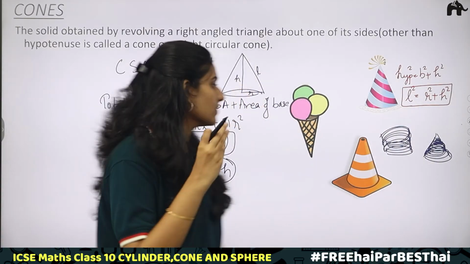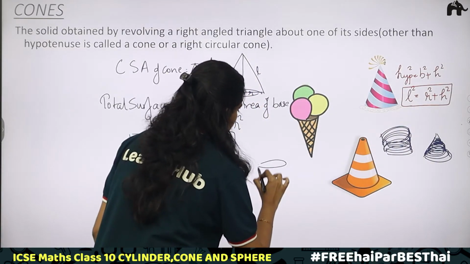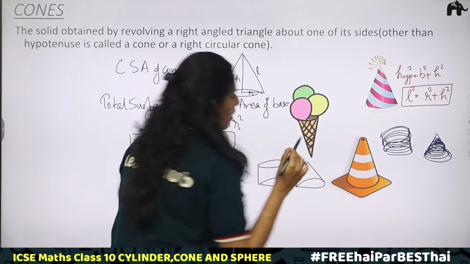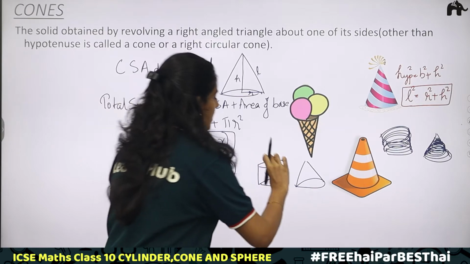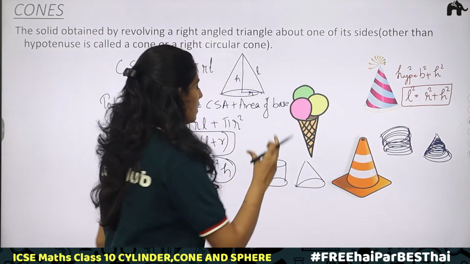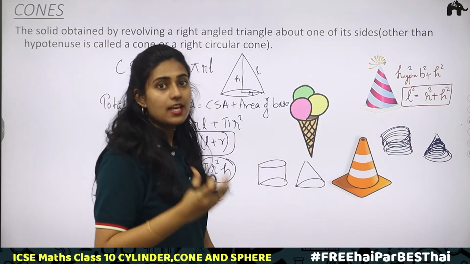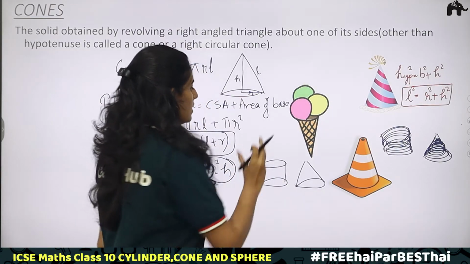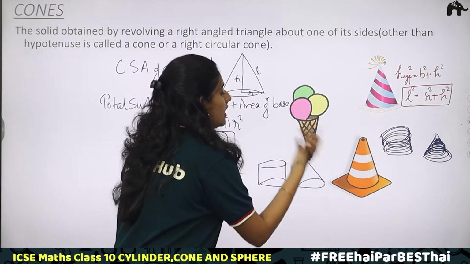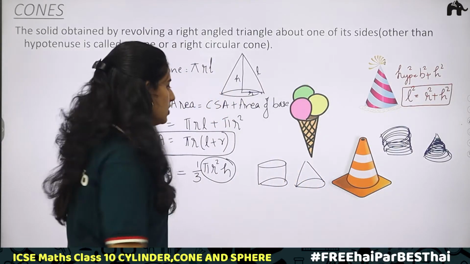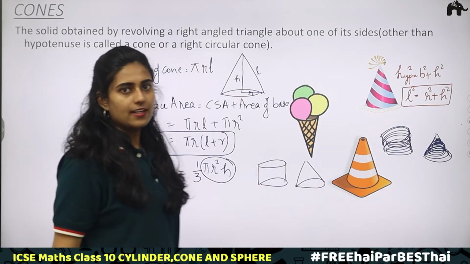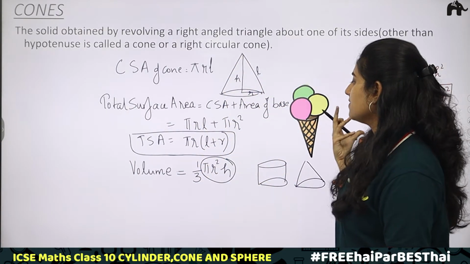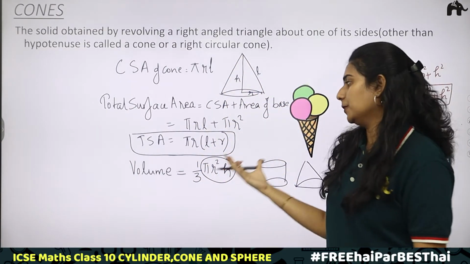If you have a cylinder and a cone of equal radius and equal height, then the volume of the cone will be 1 by 3 times the volume of the cylinder. Or the volume of cylinder will be 3 times the volume of cone. You can just remember this. Clear? So now you know how to find the curved surface area, total surface area and volume of a cone.